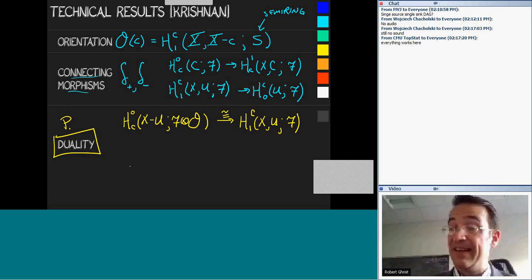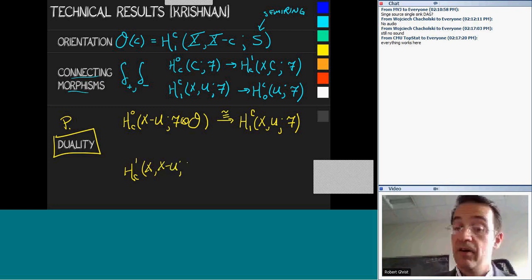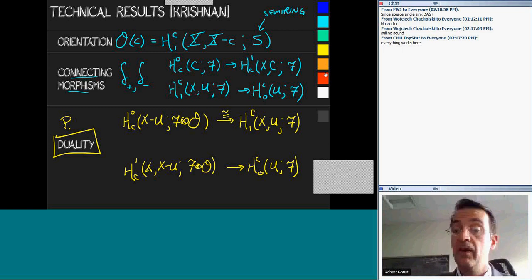Wait, that's not all. There is also equality between H upper 1 of a relative set, again tensored with the orientation sheaf, and H lower 0 closed homology, coefficients in the sheaf.